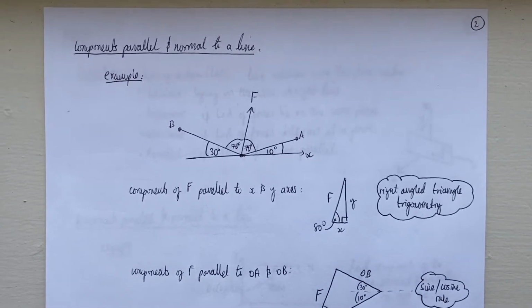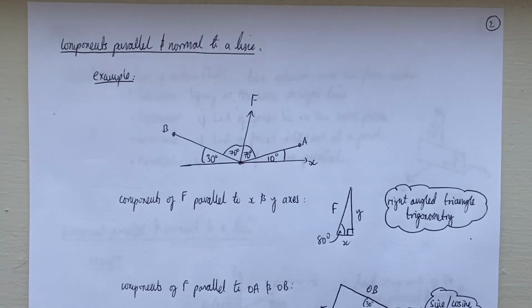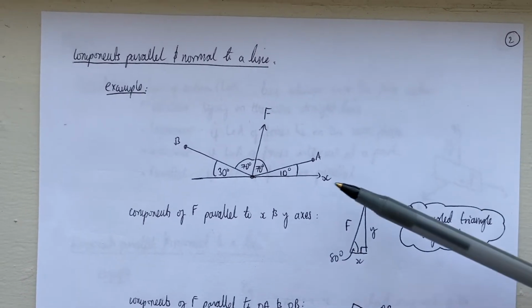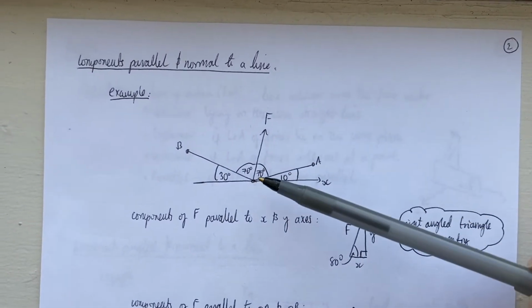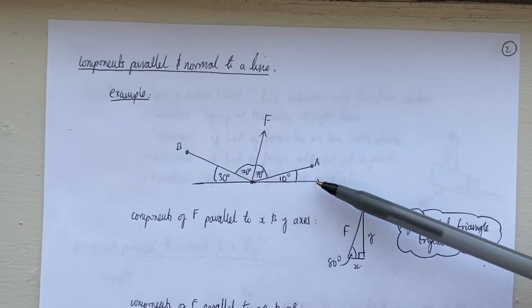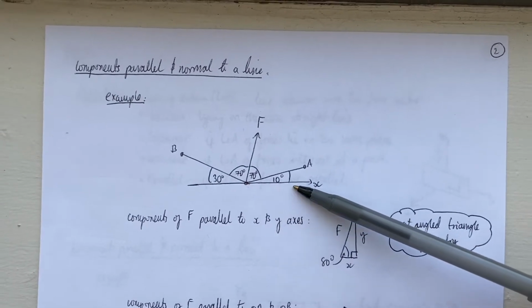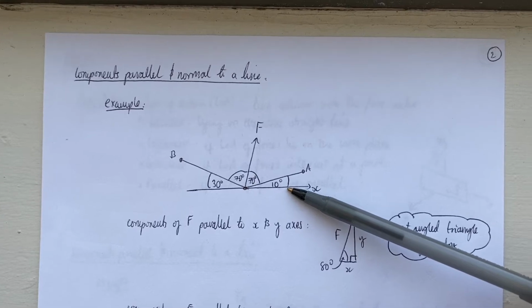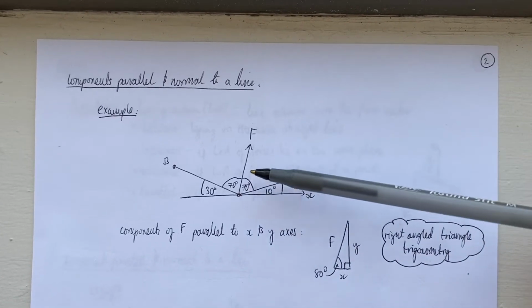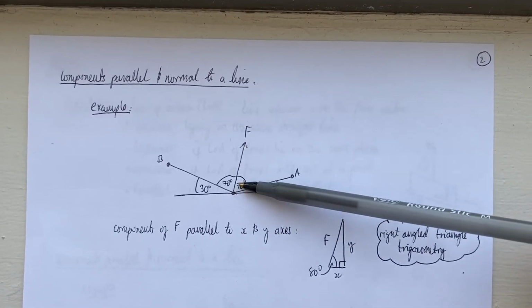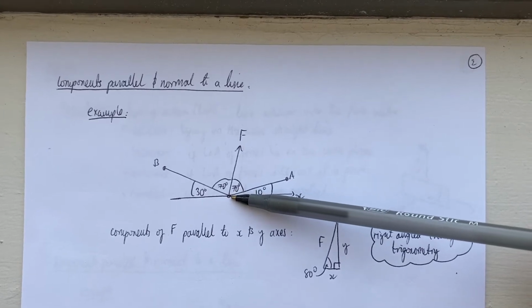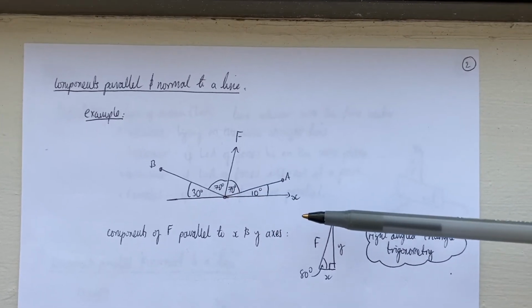But for example, let's say that we have some force vector that's at a given angle to the x-axis here. The first thing we can do is find the components of this vector f parallel to the x and y axes, right?